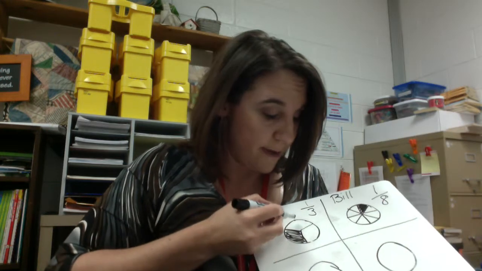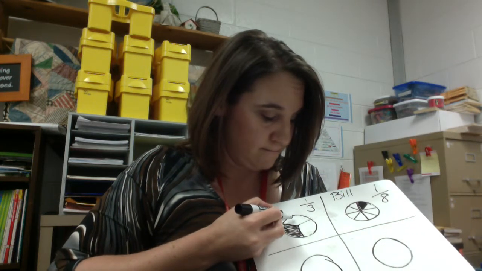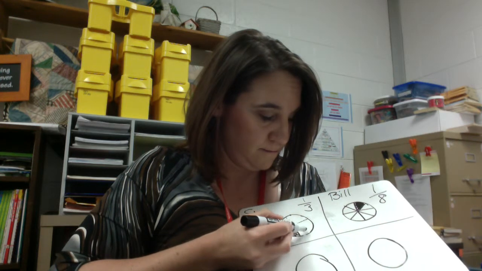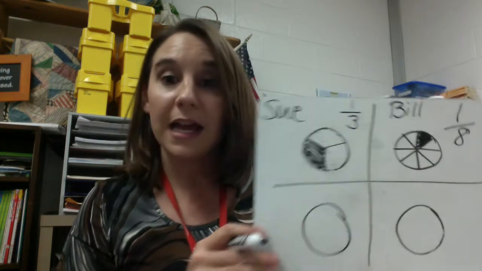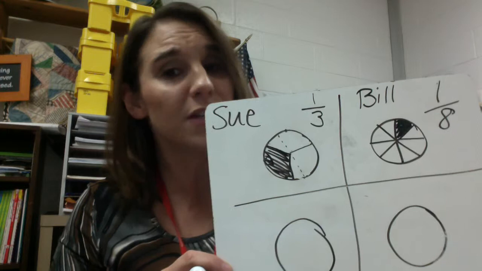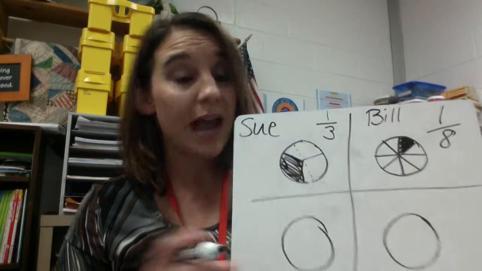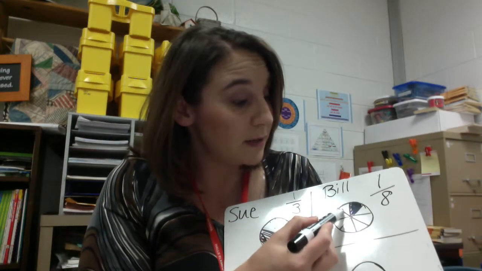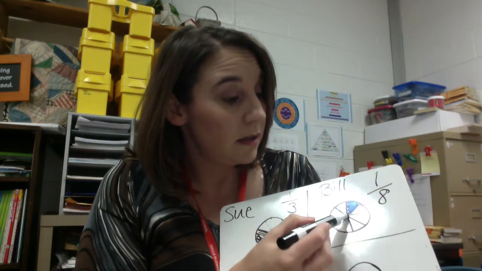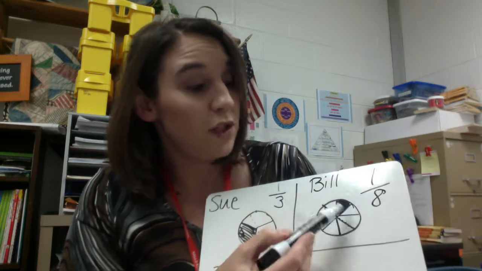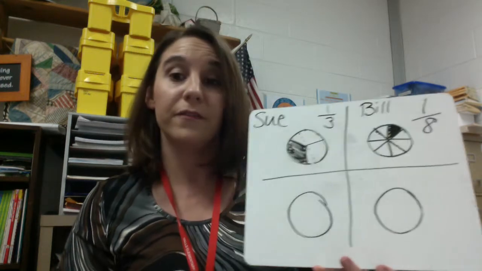I'm going to draw about half. That dotted line shows us about half. So Sue didn't have half of her pie, but boy, she was a lot closer to having half than Bill was, right? Because look at Bill's, we know that 1, 2, 3, 4 would be half.